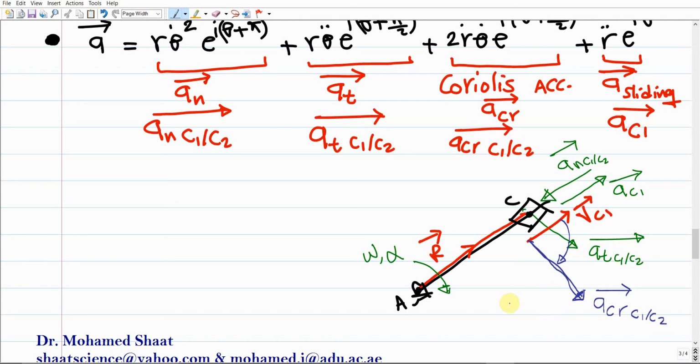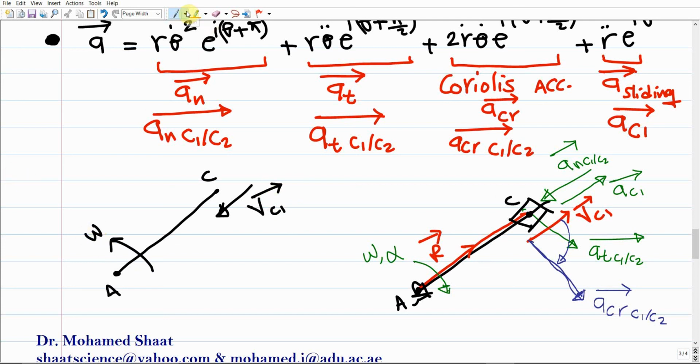Let us consider another example in general. This is the position vector. Forget about the previous case; this is point C, and this is point A, and for some reason we got VC1 going down, and omega goes in this direction. This is omega.